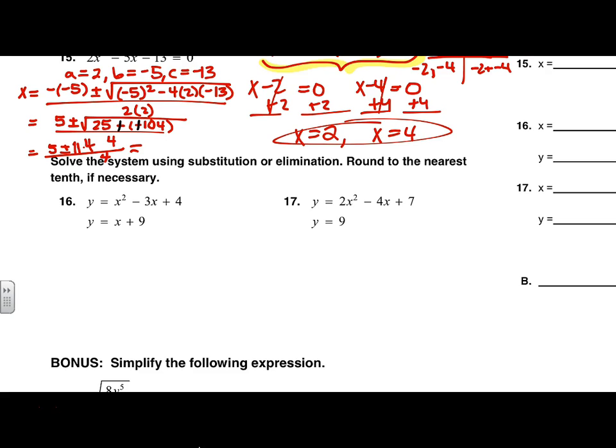It's okay, because you said 5 minus 11.4 divided by 4 is negative 1.6. Sorry, guys, we were all right. There we go. Negative 1.60. What's 5 plus 11.4 divided by 4?